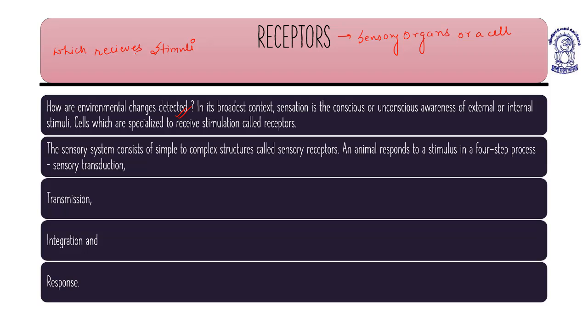Stimuli means the changes in the environment from outside or inside the animal, right? And then it subsequently passes the impulses to the nervous system.